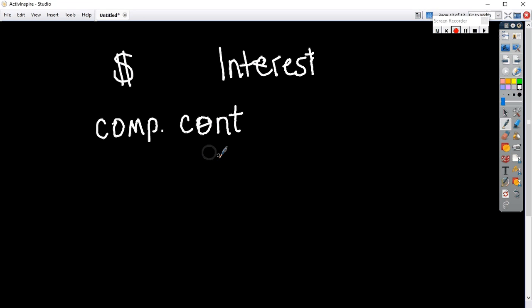So N is the number of times it's compounded per year. Quarterly would be 4, weekly would be 52. And the bigger that number gets, the closer you get to that PERT formula. A is your initial amount.